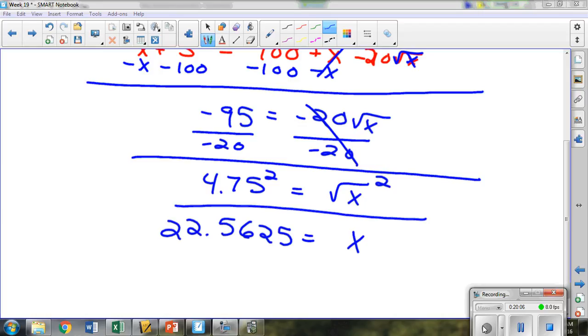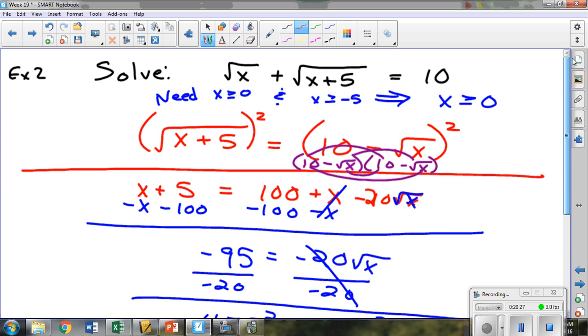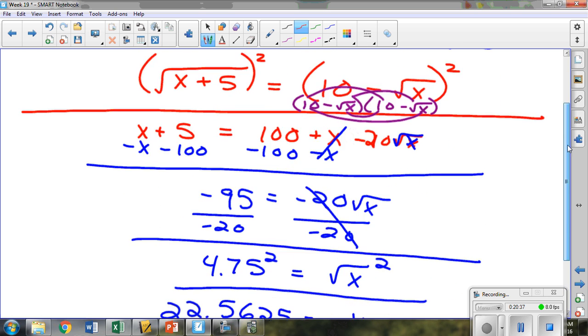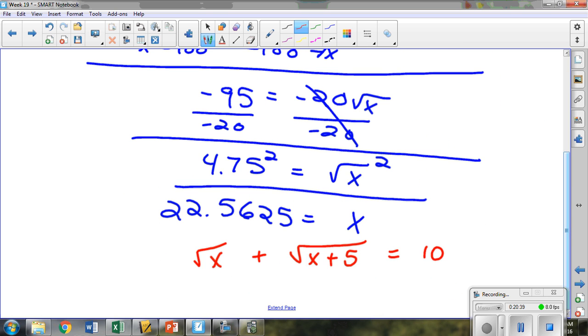We should be careful though. Is this potentially an extraneous solution? We have to check it. We must put this back in the original to see if it worked. So, the square root of x plus the square root of x plus 5 equals 10. Let's check it out.